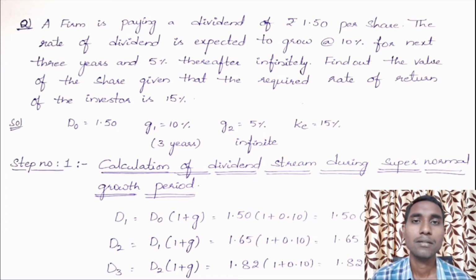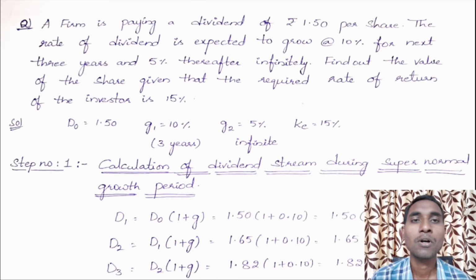We have noticed that in the constant growth model, the question gave only one growth period. That means the dividends of the company were growing constantly at one rate.